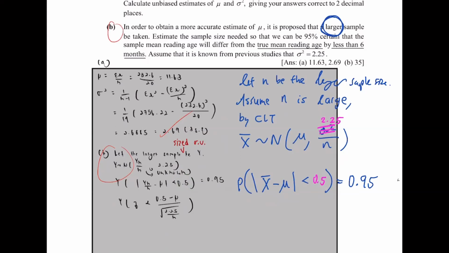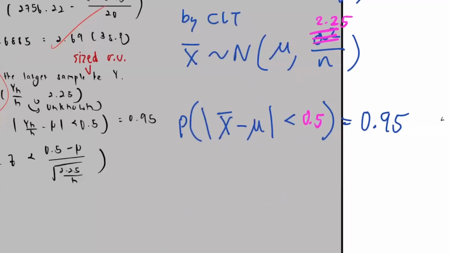How? I think we have to make use of the symmetry. So let's try and open up this modulus. What do we get? We'll end up with negative 0.5 less than x bar minus mu less than positive 0.5, right? Now, I think it would be smart if we try to standardize it.